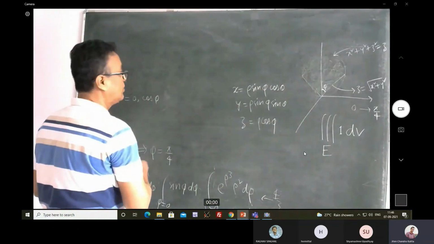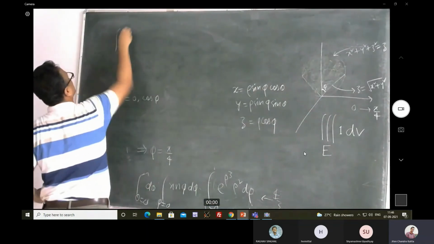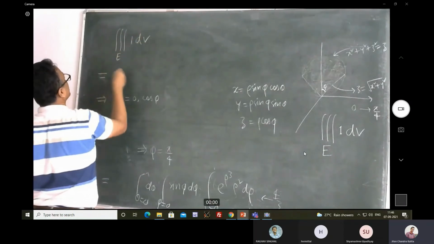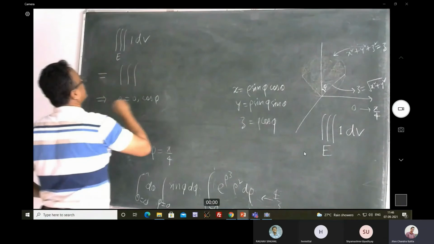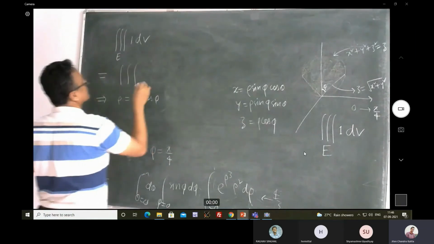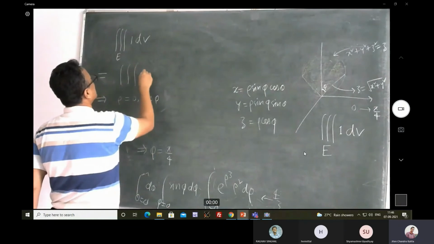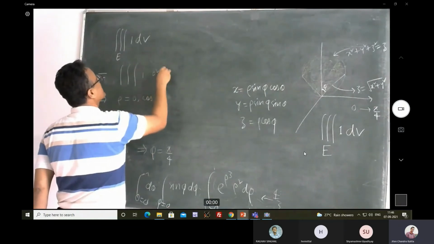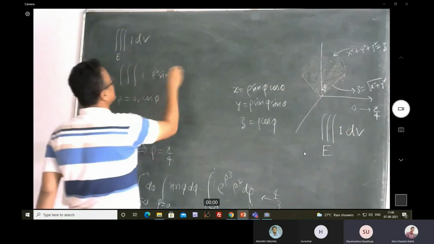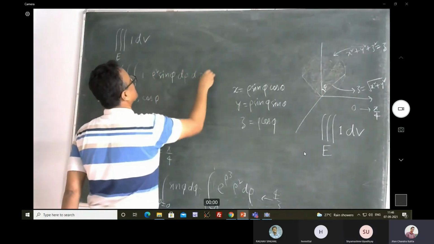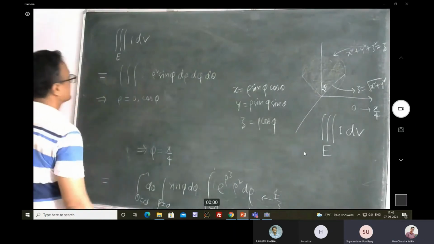So now, if I have to integrate this, again, if I use transformation, then you have 1 into rho squared sine phi, then d rho d phi d theta.